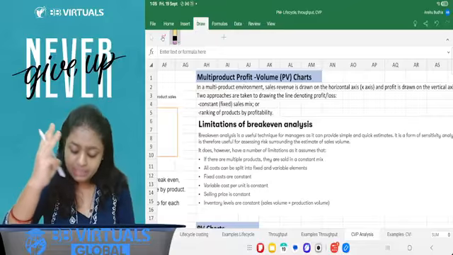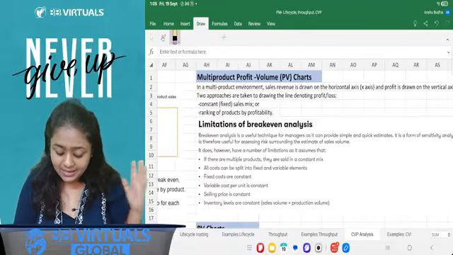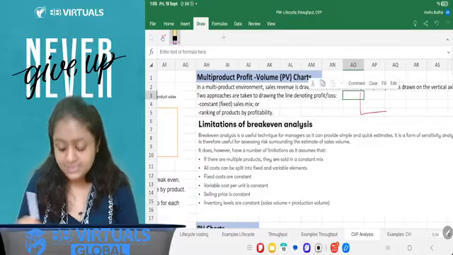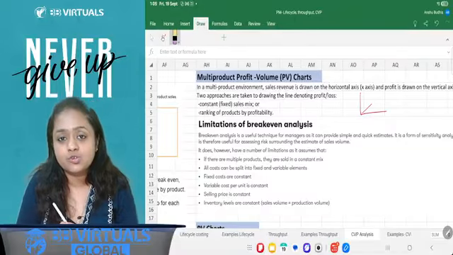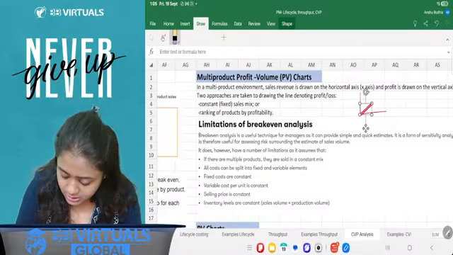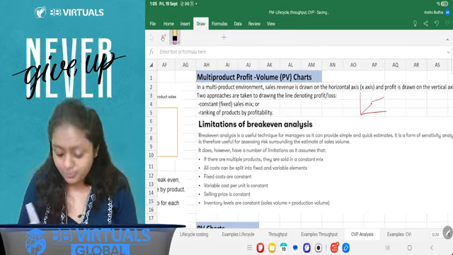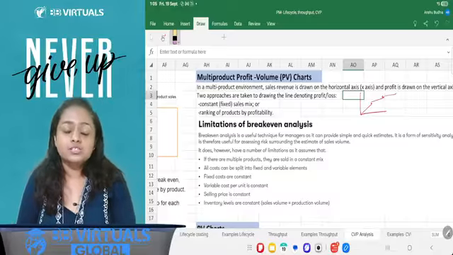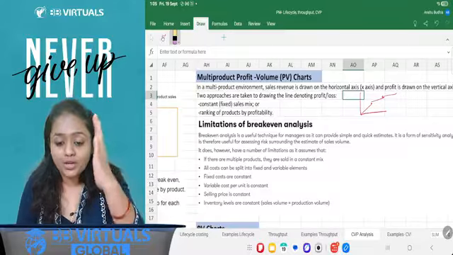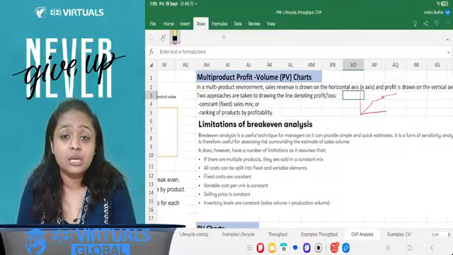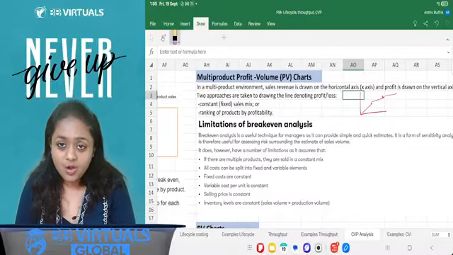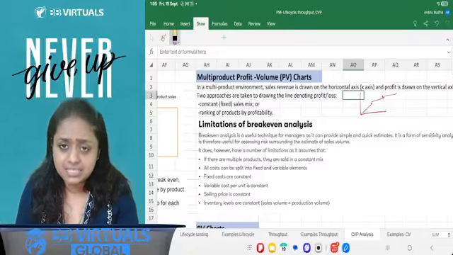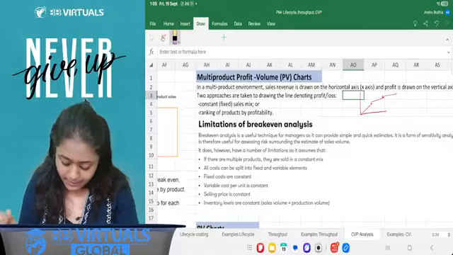And if, let's say, there are 3 products, X, Y and Z, you will always plot the product with the highest contribution first, then the next one, and then the third one in the ranking of contribution. So your ranking of the products in plotting will depend upon the contribution per unit of that product. Typically we can also take the CS ratio to plot it.